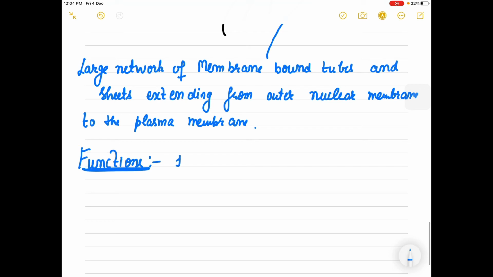Function, first main function is it gives mechanical support to the cell, because it is a network.